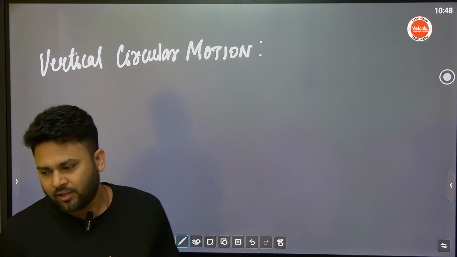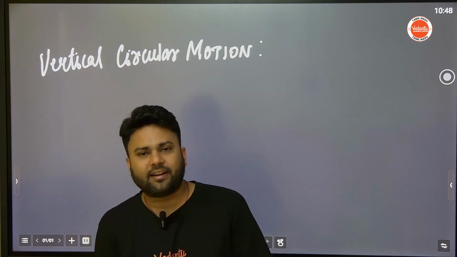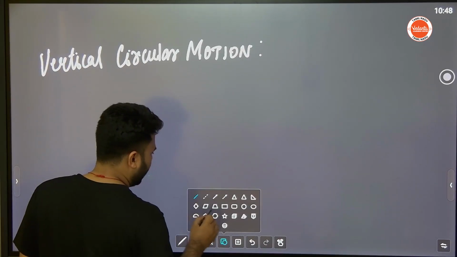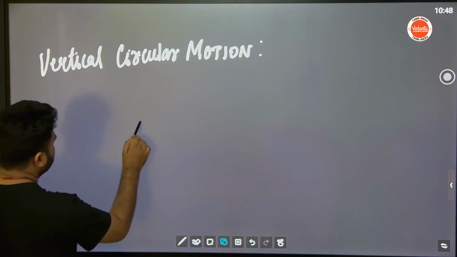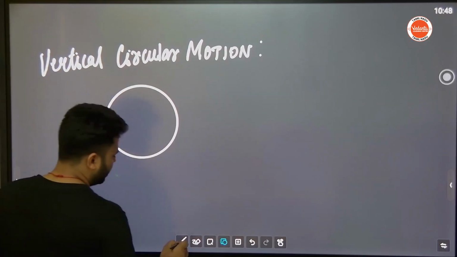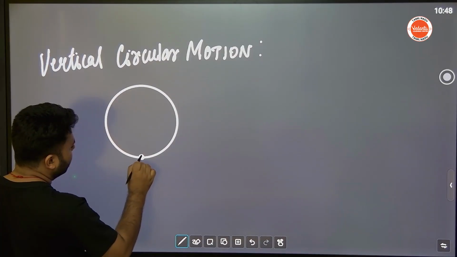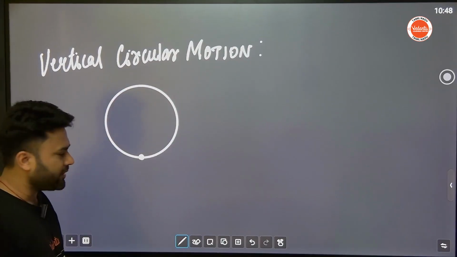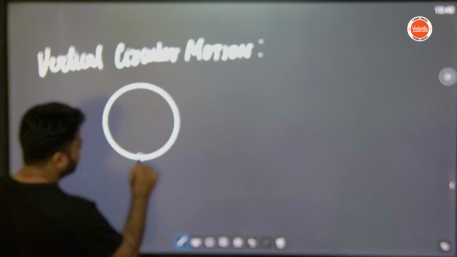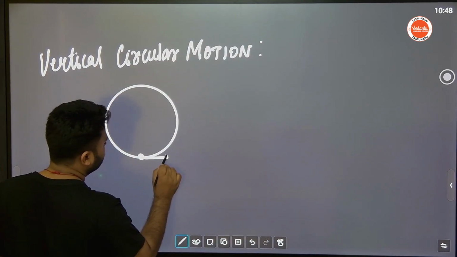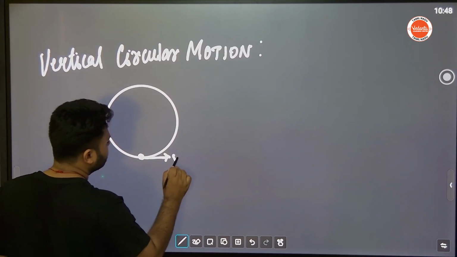First of all, students, you should understand this, that any kind of circular motion, suppose an object is moving in a circular path. Its tangential speed is v at this point.